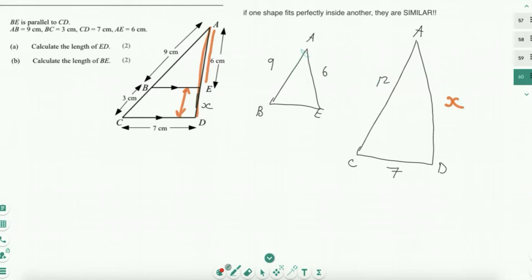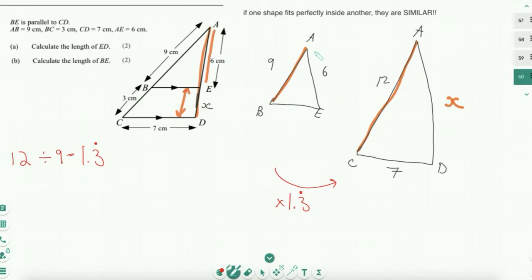So how can I find this missing side here? Perhaps we can use these two sides because we know both of their lengths. So how does 9 fit into 12? Remember guys, we can just do 12 divided by 9, because the opposite of multiplication is division. So 12 divided by 9 is 1.3 recurring. So basically, the scale factor of all the sides will be times by 1.3 recurring.